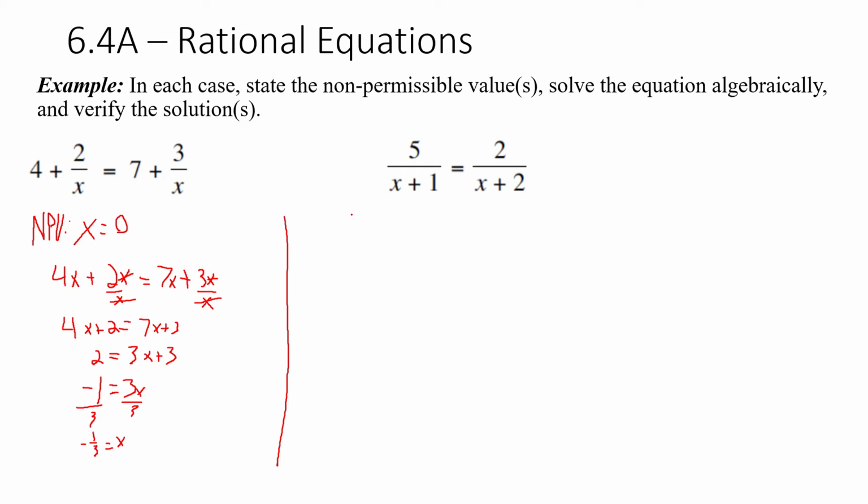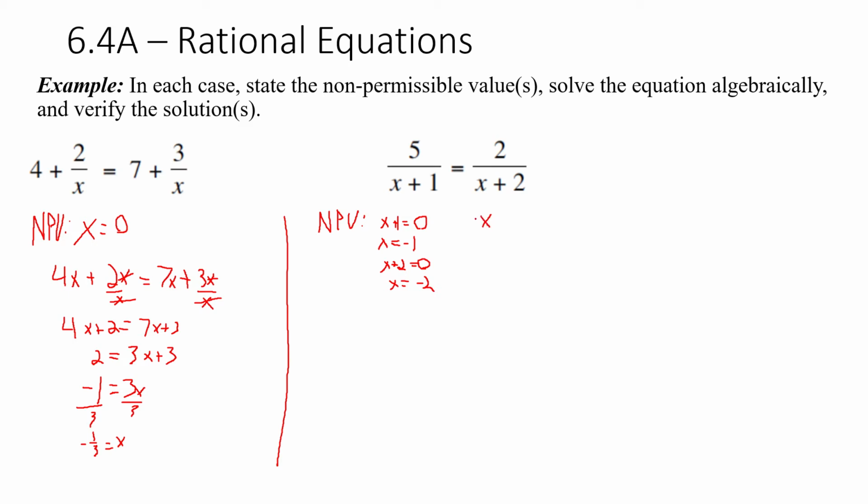I'm going to write out the whole thing, non-permissible values first. Non-permissible values, x plus 1 equals 0, and x equals negative 1, and then x plus 2 equals 0, and x equals negative 2. As I was saying, I'm going to multiply everything by x plus 1, just to show you how the cross multiplying works.